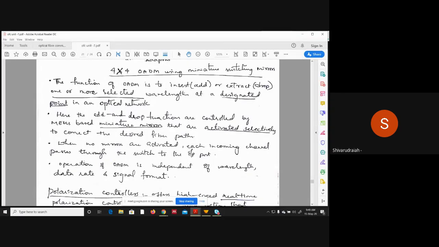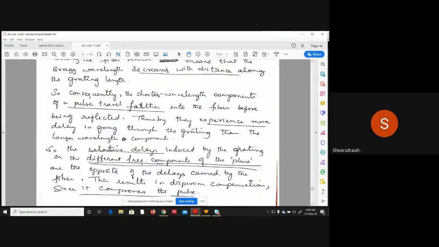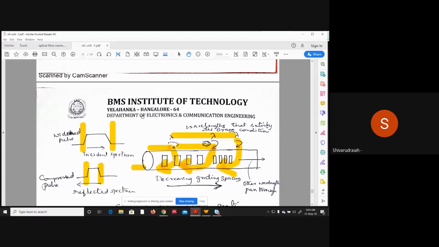If we start constructing such a non-uniform structure, it's a highly complicated process, but still it is being achieved so that the effect of chromatic dispersion is compensated here, right? So that's about the chromatic dispersion compensator.